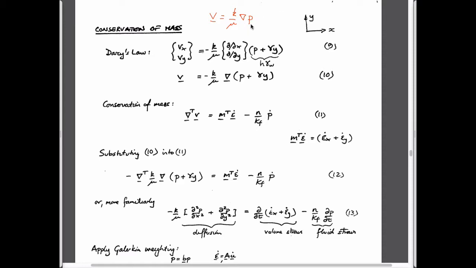If you prefer individual components, velocity in the x direction is equal to minus K over mu dp dx. We'll ignore the gravity term. Let's throw it away. If you write it for each of these components in 2 dimensions, x and y, then we can write it in this form here.